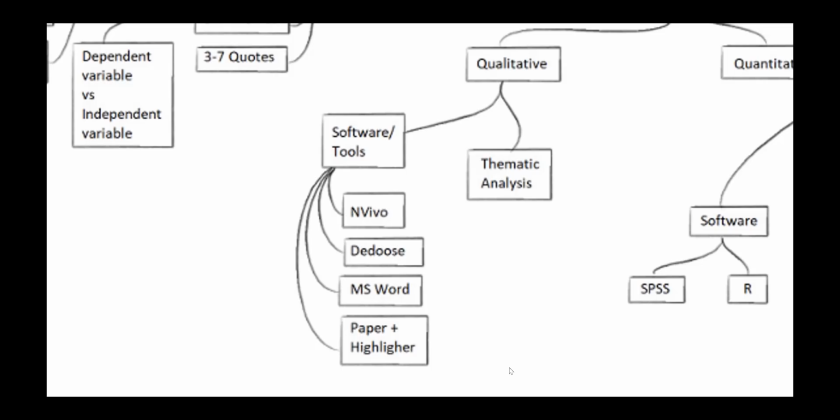We're going to learn about some different types of software, similar to how we do with R and SPSS with quantitative methods. We'll briefly look at NVivo and Dedoose, but I think we also need to recognize that often qualitative analysis can be very easily done with Microsoft Word or even a pen and paper and a highlighter.